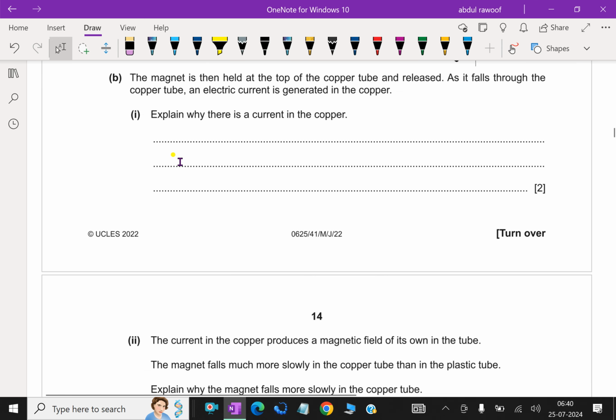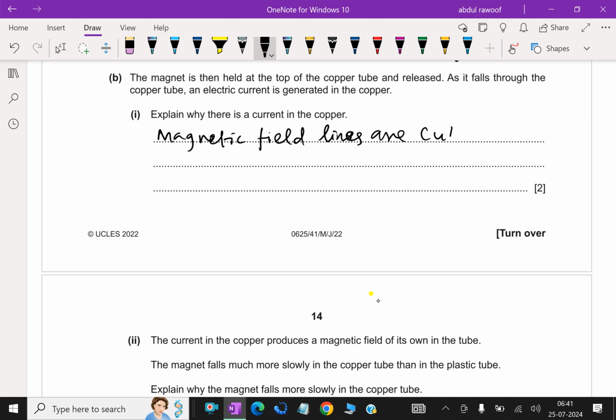Explain why there is a current in the copper. Because magnetic field lines are cut by the moving magnet.